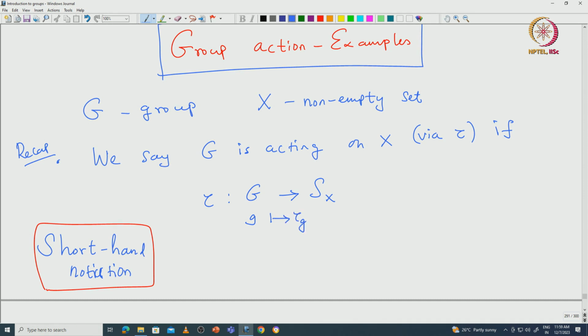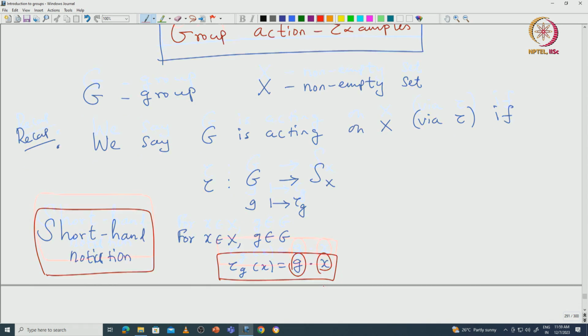Then the shorthand notation is, for x in X and g in G, you denote tau g of x by just g dot x. This is the notation that we will be using. This notation, like I said, should not be confused with the group multiplication, because this g is coming from capital G and this x is coming from capital X. So, this is an element from the group and another element from the set.